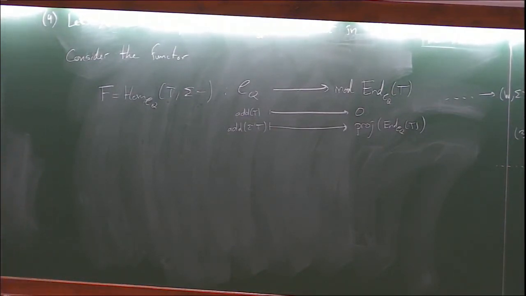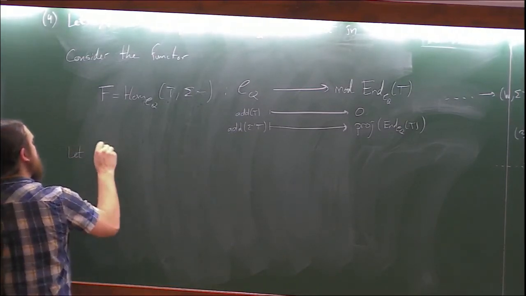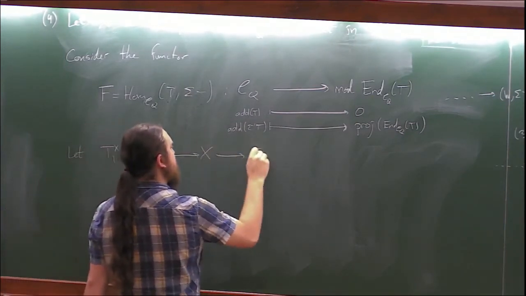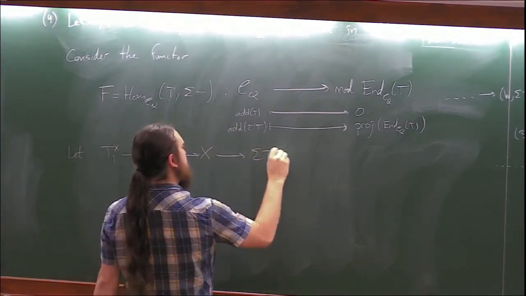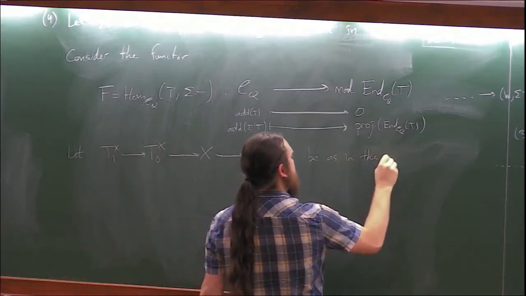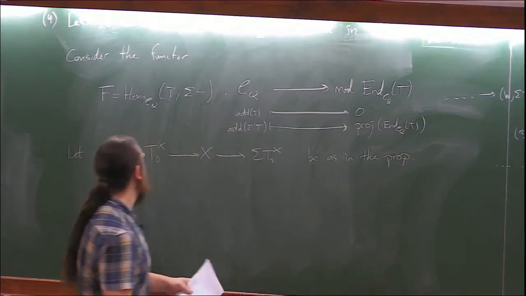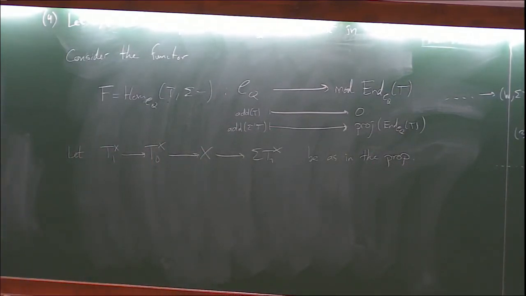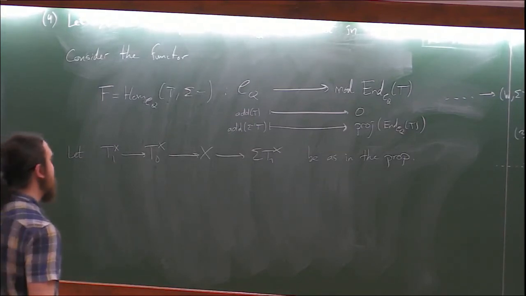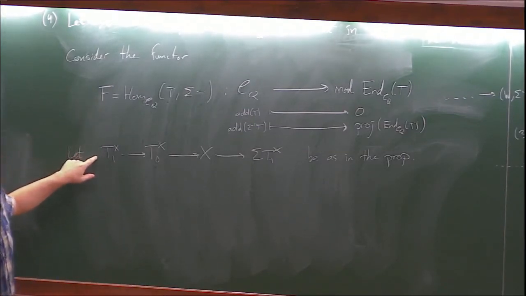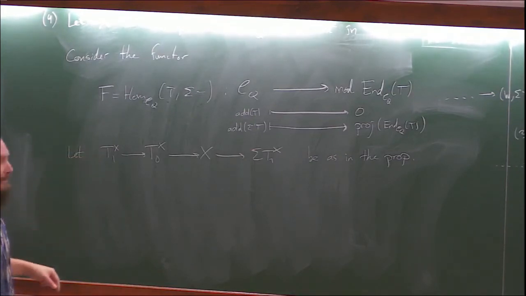All right? So by the proposition, I have a triangle like this, with T1 and T0 in add T. I want to have a way to compute T1 and T0. And what I'll do is I will apply this functor to this in order to obtain a long exact sequence.